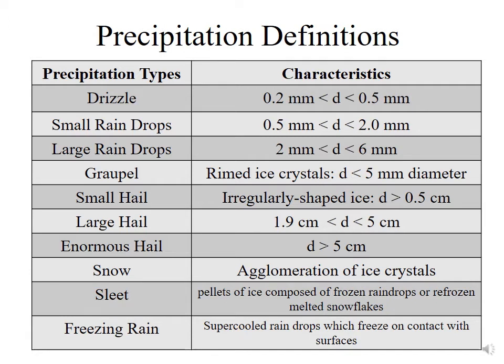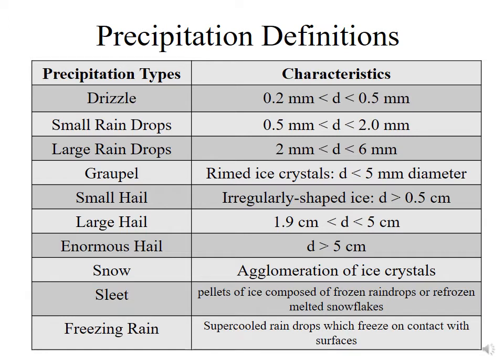In terms of frozen precipitation, the most common is what we refer to as graupel, and that is rimed ice crystals. Recall that riming is when supercooled cloud droplets freeze on contact with an ice crystal. And the graupel will be a white spongy type of fluff ball with a diameter less than 5 millimeters.